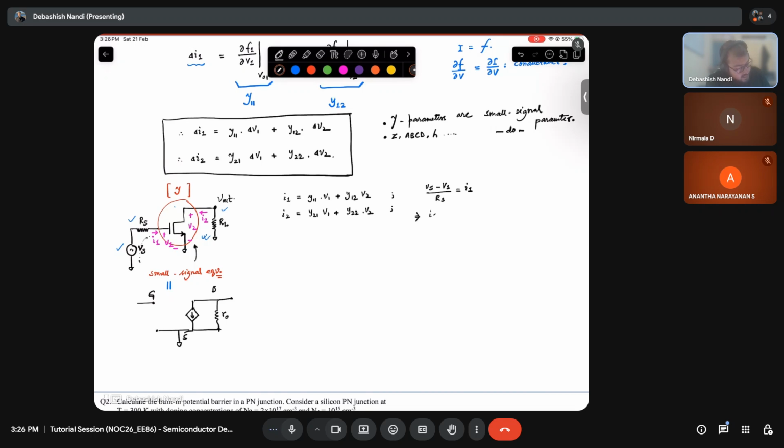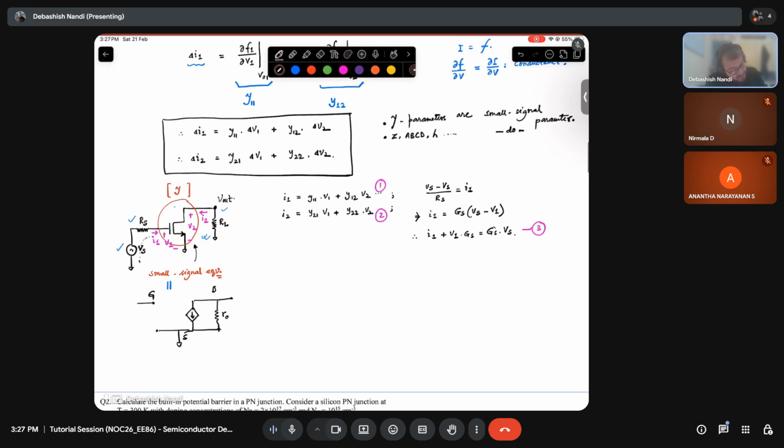So I will write it as Gs times (Vs minus V1) equals I1, or I1 plus V1 times Gs equals Gs times Vs. Fine. So this becomes my equation 1, this becomes equation 2, this becomes equation 3.